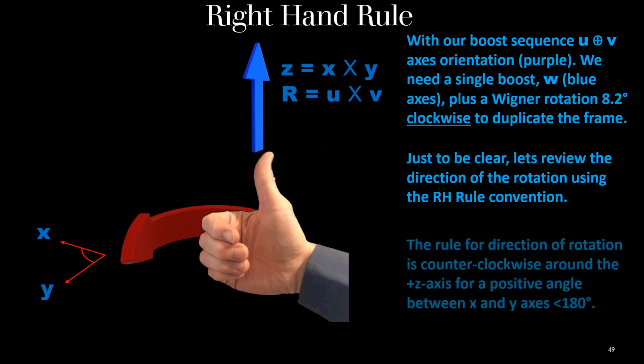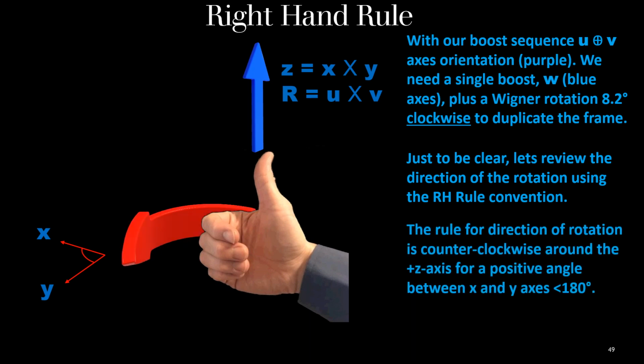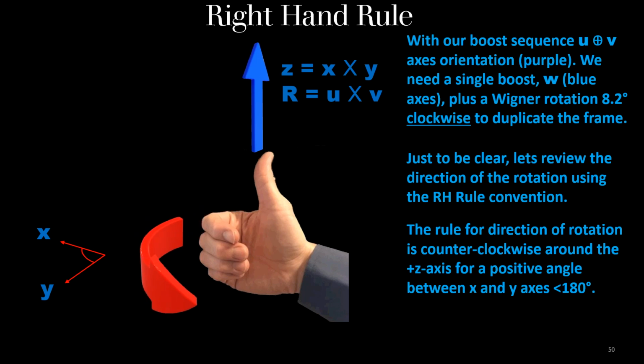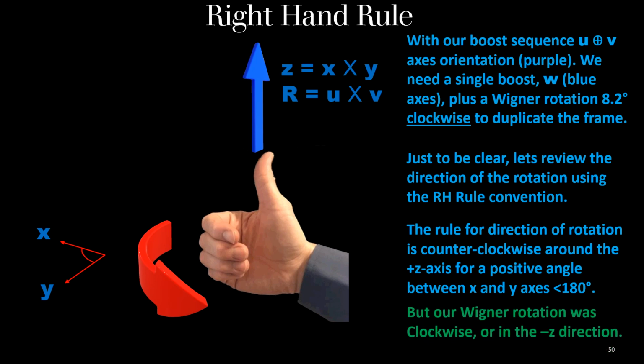And the fingers curl counterclockwise in the xy plane for positive rotation in the plus z direction. But in our case, the Wigner rotation was clockwise, or in the negative z direction.